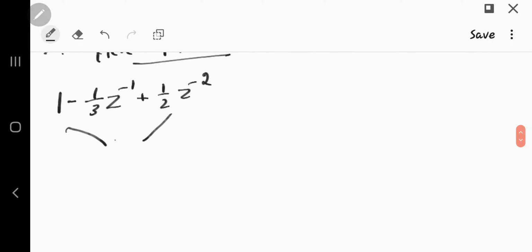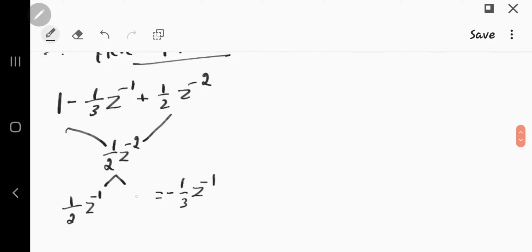If you multiply the last two terms, you will get 1 by 2 z to the power of minus 2, and you should find the combination where if you add, you get minus 1 by 3 z inverse, and if you multiply, you get 1 by 2 z to the power of minus 2. So those are the factors you have to find, which you get as 1 by 2 z inverse and z inverse. 1 by 2 into 1 will give you 1 by 2, z inverse into z inverse will give z power minus 2.